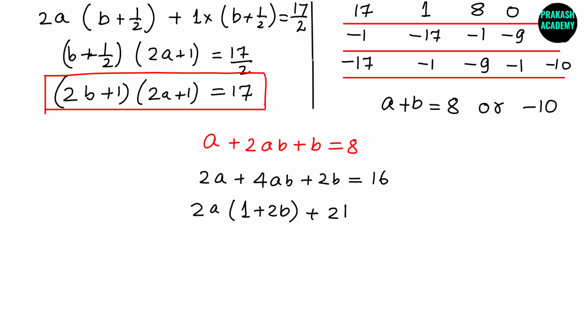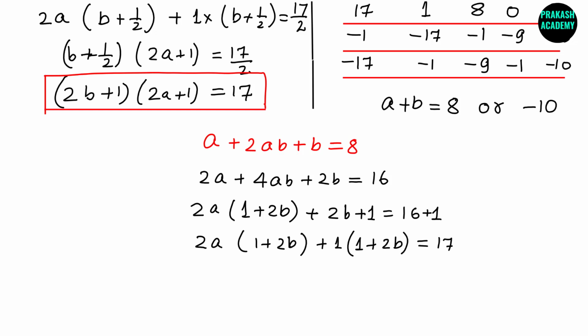Now I can add 1 on both sides. So 2b + 1 on this side and 16 + 1 on this side. So we will have 2a times (1 + 2b), plus b, and I can take 1 common here. So this becomes again (1 + 2b) = 17. Now if you take 1 + 2b common, this will be (1 + 2a) times (1 + 2b) = 17.